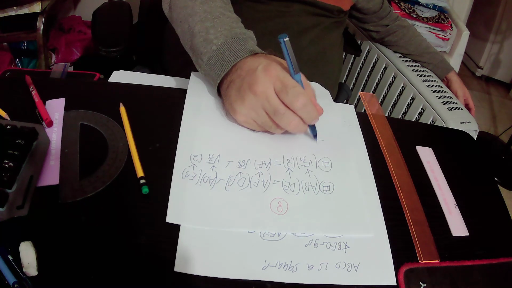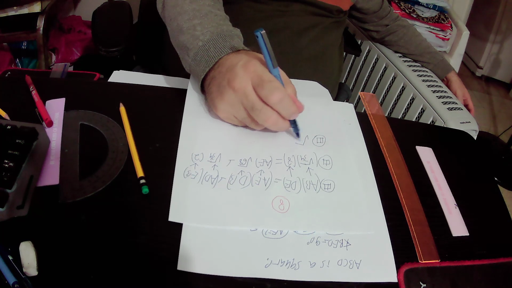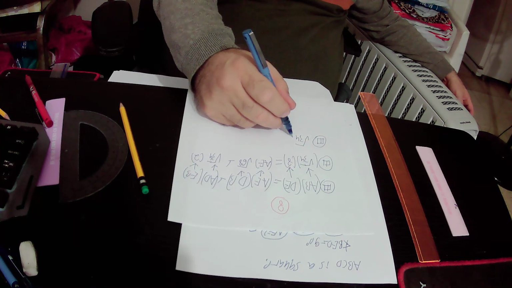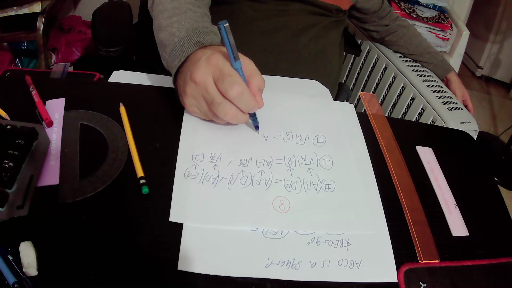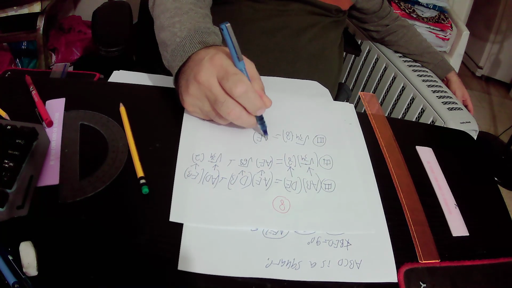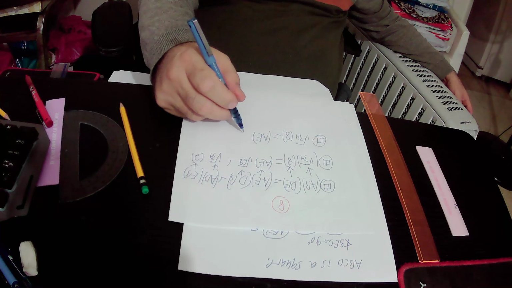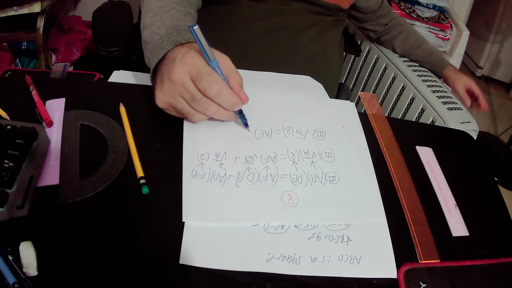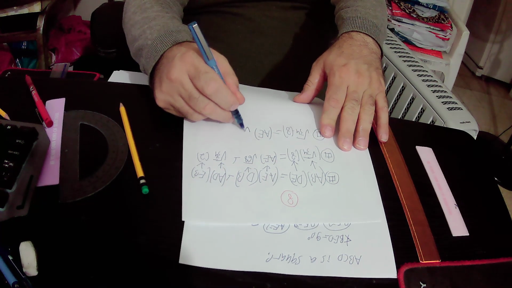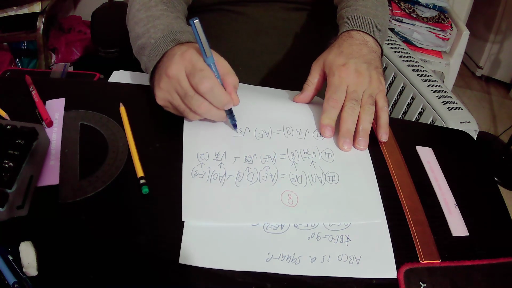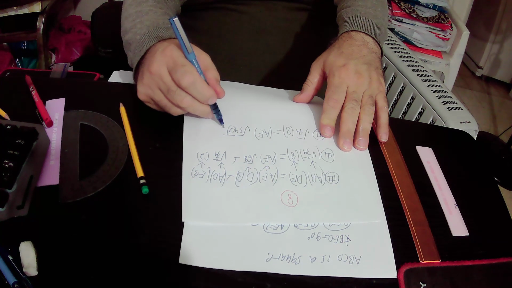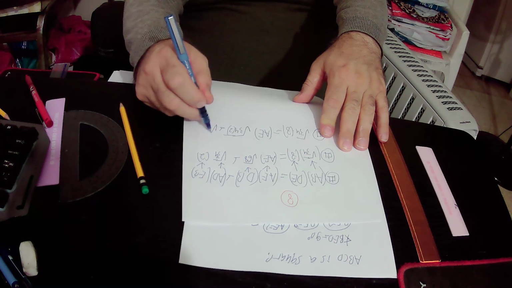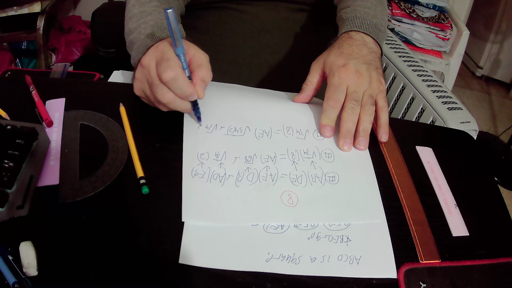We get the square root of 34 times 8 equals AE, the missing line segment, times the square root of 34 times 2, plus the square root of 34 times 2.